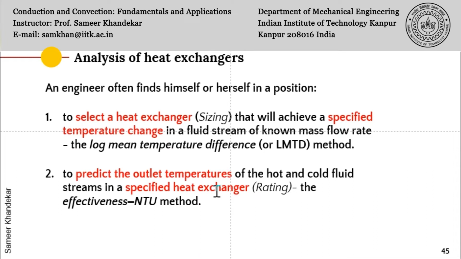What is NTU? It is a non-dimensional quantity, and we will see how we can use it to analyze heat exchangers. So moving on to slide number 46. We will be essentially doing these two types of problems in the next couple of lectures.